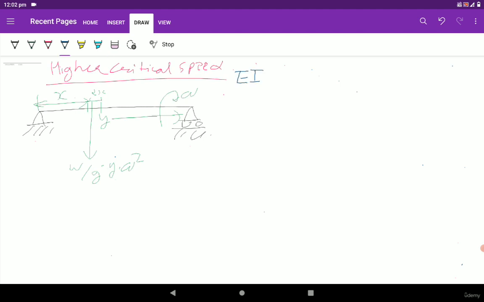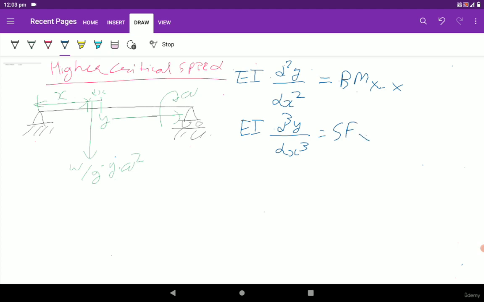EI dot d square y divided by dx square is equal to the bending moment at the cross section xx, that is in x direction, and also we are going to take the shear force, that is EI dot d cube y by dx cube is equal to shear force xx.